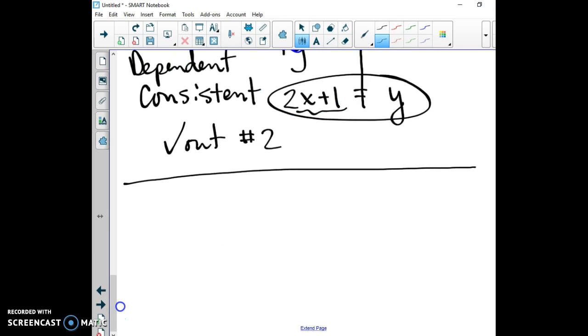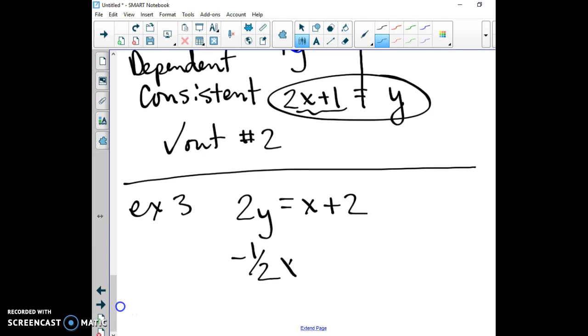Now, what's going to happen in example 3? What's going to happen if we have a system of equations and it's not so easy to tell what's going on? Well, I see something.